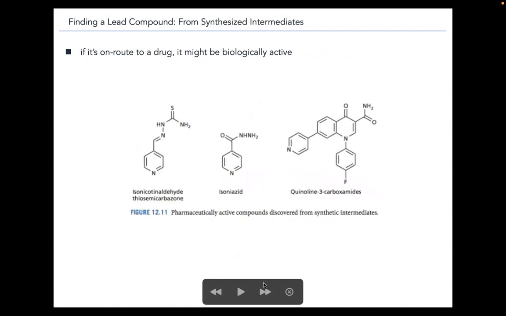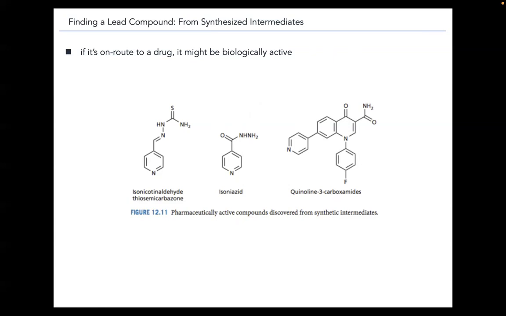This has been a huge area as well, thinking about what the inspirations for lead compounds are. Let's say I'm going to do a 10-step synthesis to get to a biologically active compound. As you continue through the synthesis, the molecule is going to become more and more drug-like.